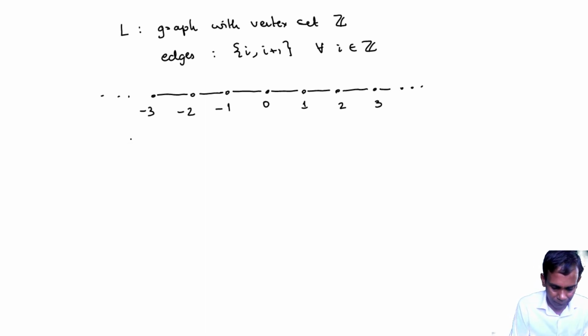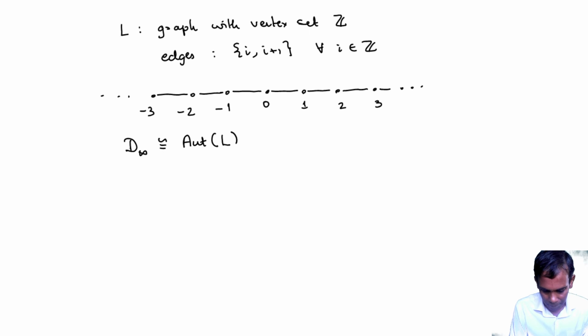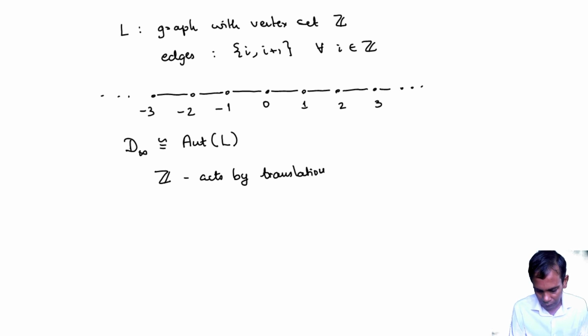I'll let you think about this. D infinity is isomorphic to the automorphism group of this graph L. So I'll give you a hint here. Z acts by translations, and s is the homomorphism which takes the vertex i to minus i. We'll look at this in more detail in the exercises.